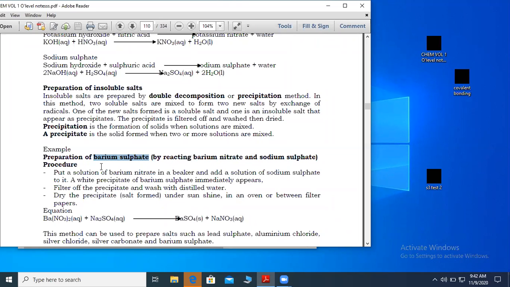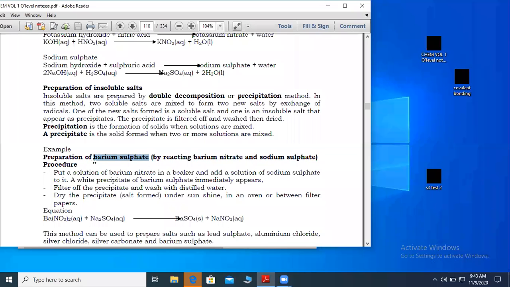So this is what I'm advising you. When you are preparing an insoluble salt, use a salt of sodium because all sodium salts are soluble. For example, here you can use sodium sulfate. You are sure that it is soluble. Then the other salt, use a nitrate because all nitrates are soluble. So when you are preparing barium sulfate, use barium nitrate and sodium sulfate.